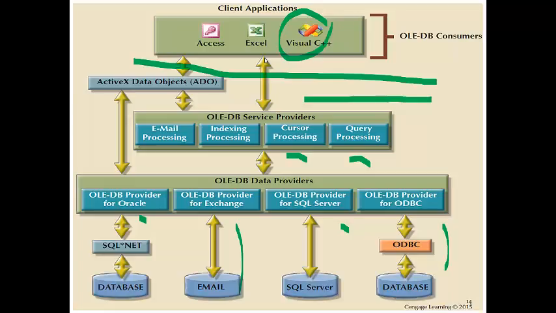That's why you would want to use an Excel interface or an Access interface as your client application. You wouldn't necessarily be storing your data in Access or Excel. You'd be getting your data from your data providers, but it would give you a way to make an interface that is familiar to your user.